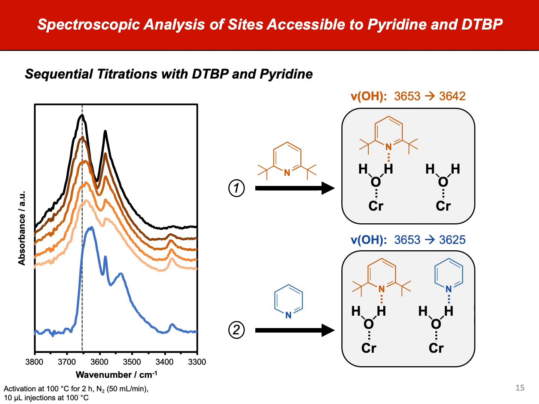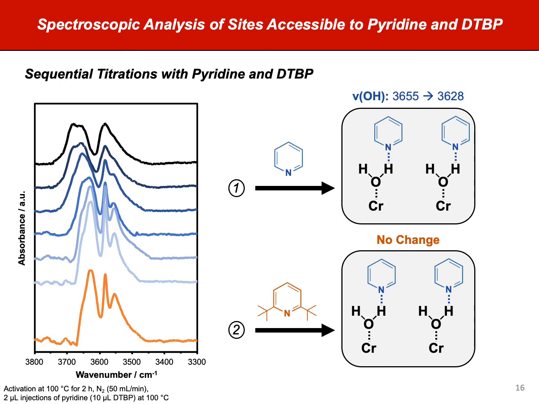What we're doing here is we're first dosing in DTBP and then introducing pyridine after we see no change in the spectra after a certain number of DTBP doses. And what we observe is that there is a shift in the OH frequency after injection of pyridine subsequent to the DTBP injection. In the reverse experiment, we introduce a series of pyridine injections first, followed by DTBP injection.